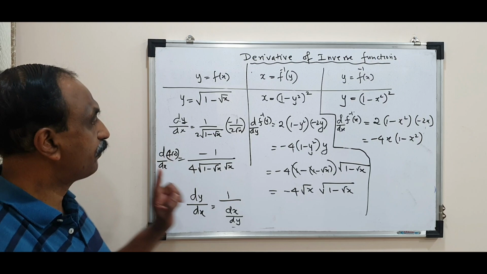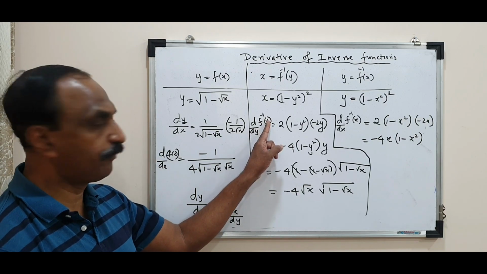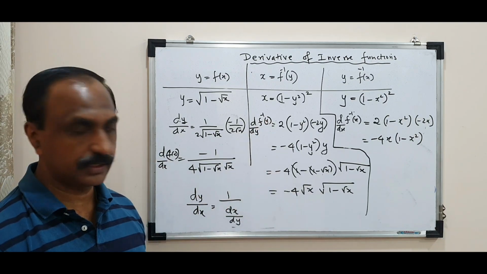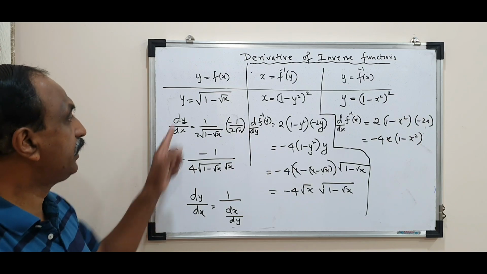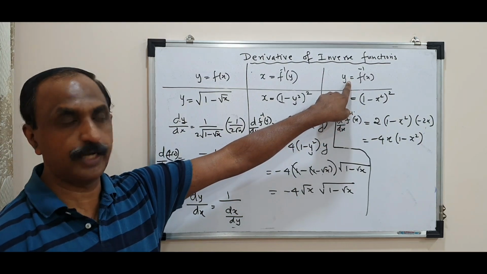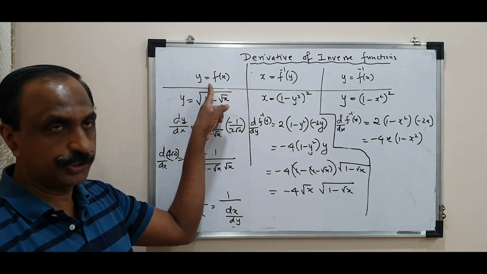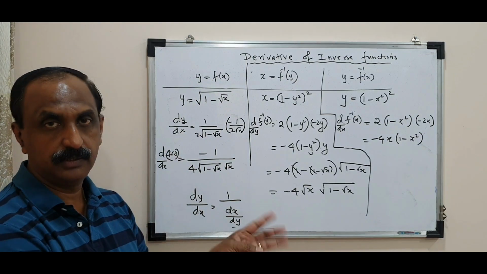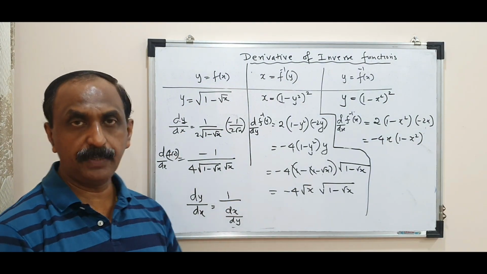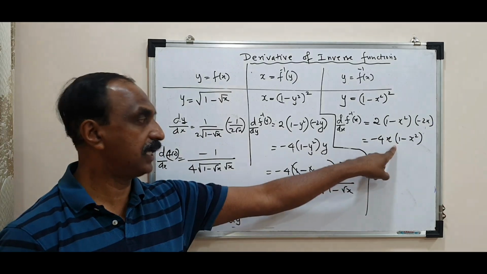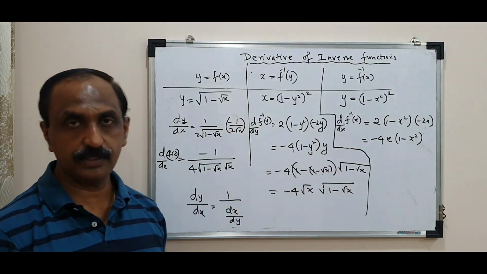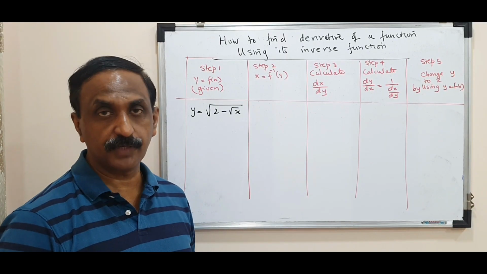So d by dx of f of x and d by dy of f inverse x will be reciprocal of each other. So if I want to calculate the derivative of the inverse function, what should I do? Take the function, differentiate it, take the reciprocal, replace x by y and y by x, and I'll get the derivative of the inverse function.